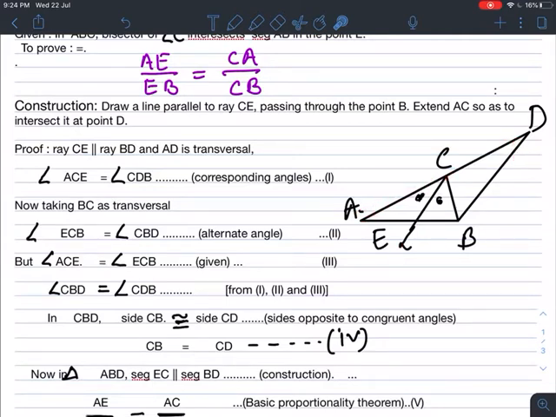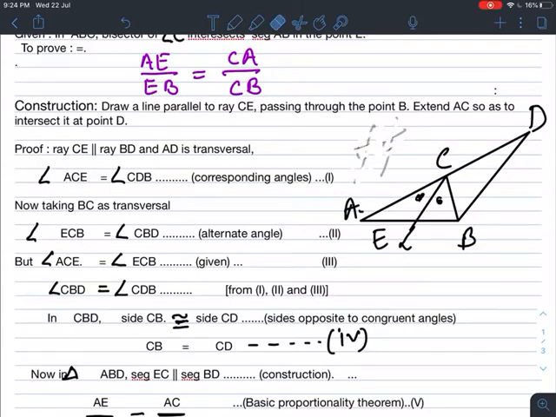So this angle is congruent to this one. So angle ACE is congruent to, or equal to, angle CDB, corresponding angles. Lines are parallel, with a transversal. If there are two parallel lines, these angles are called corresponding angles.